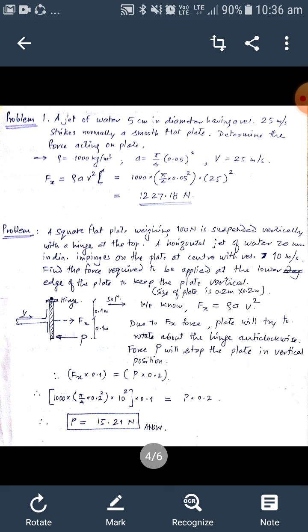Therefore, I have written one equation that the force Fx acts at distance 0.1, because the plate size is 0.2 meter by 0.2 meter. So at the center, Fx acts at 0.1 meter from the hinge. So Fx into 0.1 gives you the moment about the hinge in anti-clockwise direction.